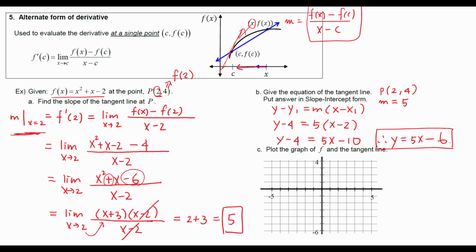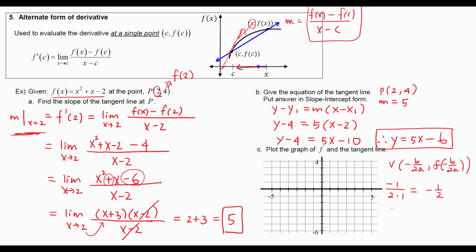Next, it says, plot the graph of f and the tangent line. My original function is f of x equals x squared plus x minus 2. I can find the vertex. Do you remember how to find the vertex of a parabola? It is negative b over 2a, comma, f of negative b over 2a. So negative 1 over 2 times a, which is 1, so that's negative 1/2.